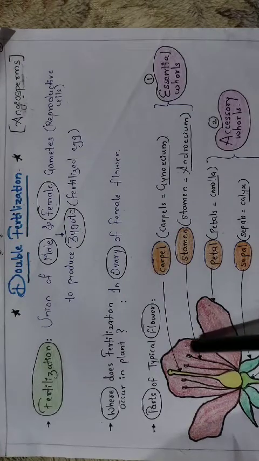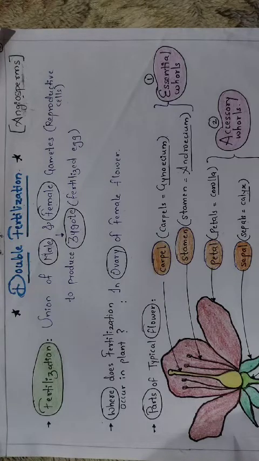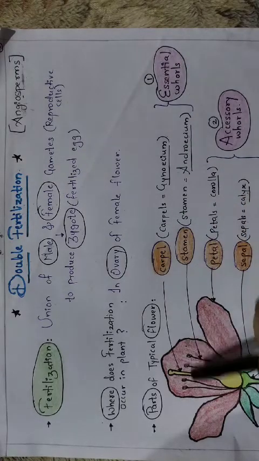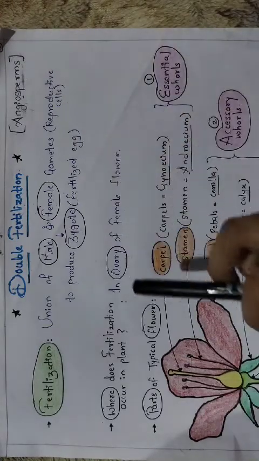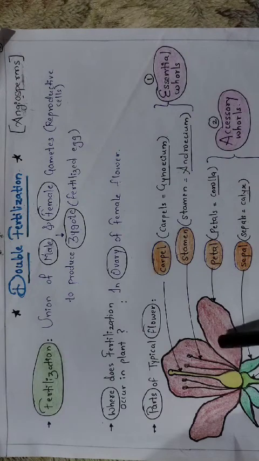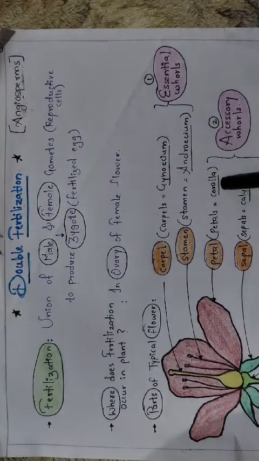The main function of those petals in most plants is to attract pollinating agents. Pollinating agents may be biotic or abiotic. Among biotic agents, like birds and honeybees, these colored petals will attract them so they can carry out the pollination process. These are the next floral whorl, which is called the corolla.